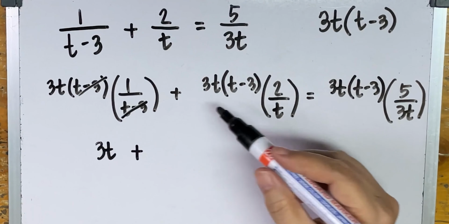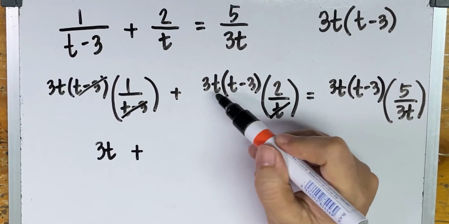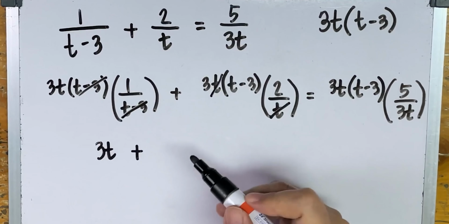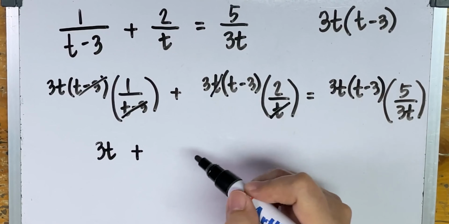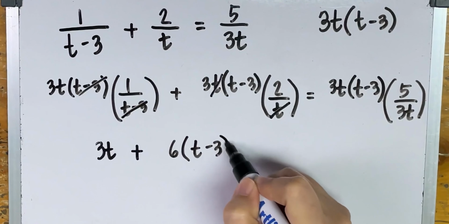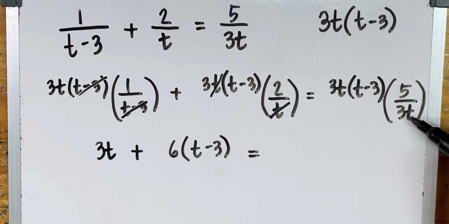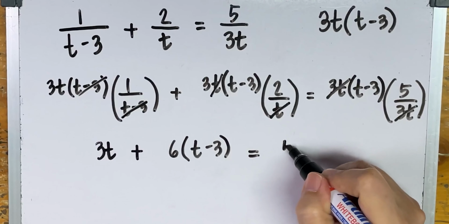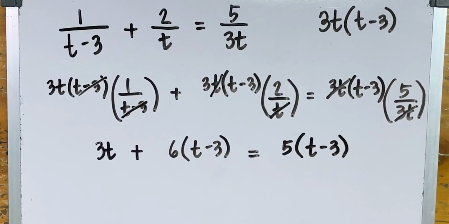Next, plus, here we eliminate t in the denominator, so we cancel that, leaving us with just 3 times 2 gives us 6 times (t − 3), equals, with this, we eliminate 3t in the denominator with the 3t in the numerator, leaving us with just 5 multiplied by (t − 3).